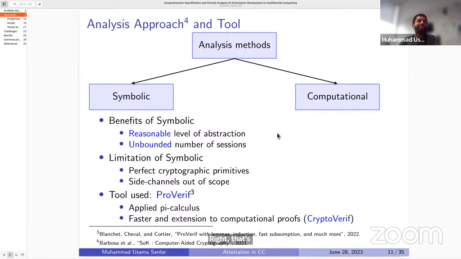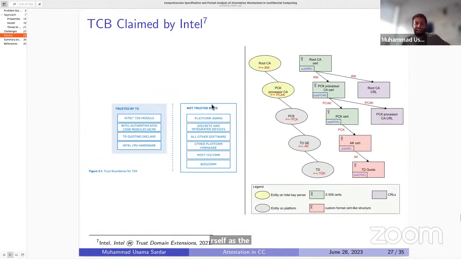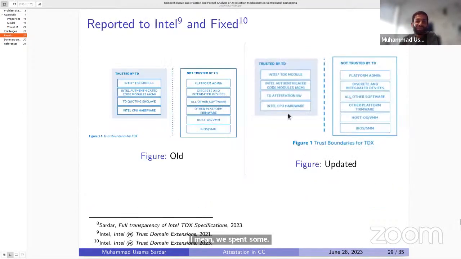I mean, imagine yourself as the reviewer. We spent efforts of a couple of years on this specific work, and the reviewer says, I don't see any problem in that, I see that the TD attestation software is there in the trust domain, and then all of a sudden the whole work is gone.